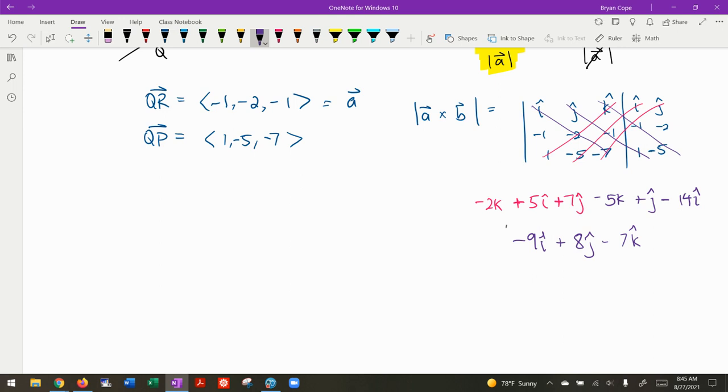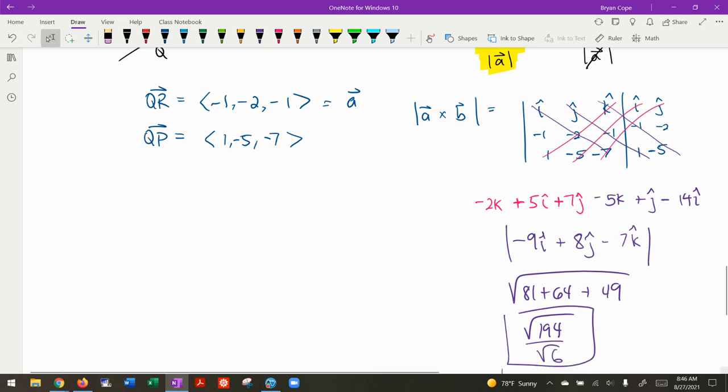If we found the magnitude of that, it would be the square root of 81 plus 64 plus 49, which gives us square root of 194. And then our denominator is the magnitude of A, which is root 1 plus 4 plus 1, so root 6, and we can just leave it at that. That is our answer. Sorry about the mistake on the last one there. Hopefully that's still helpful to you.